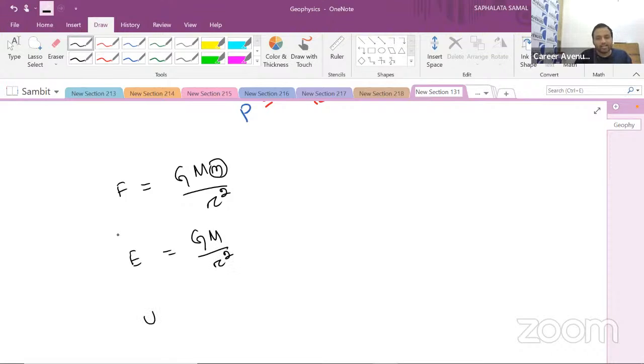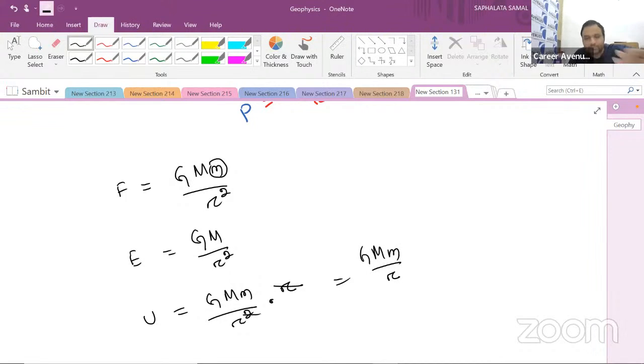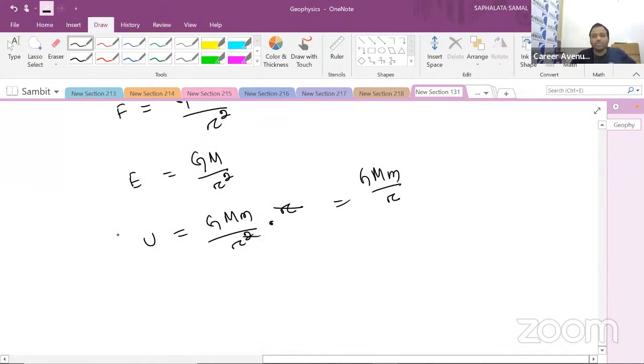My potential energy was equal to GMm by r square into r, basically. When I'm integrating over a large distance from 0 to r, the dr integration will become r. So r and r square will be cancelled, it will be GMm by r, potential energy. And potential would be equal to potential energy per unit mass, that will be GM by r.